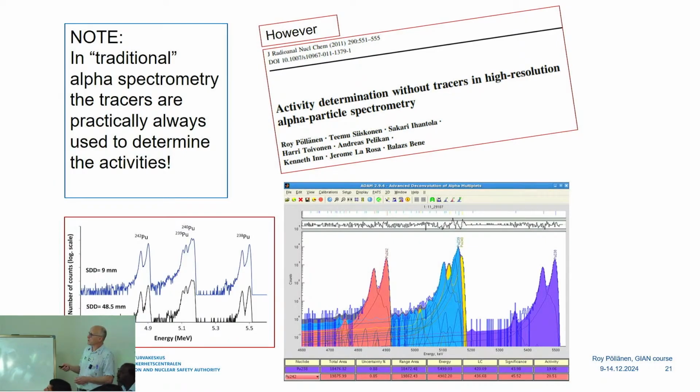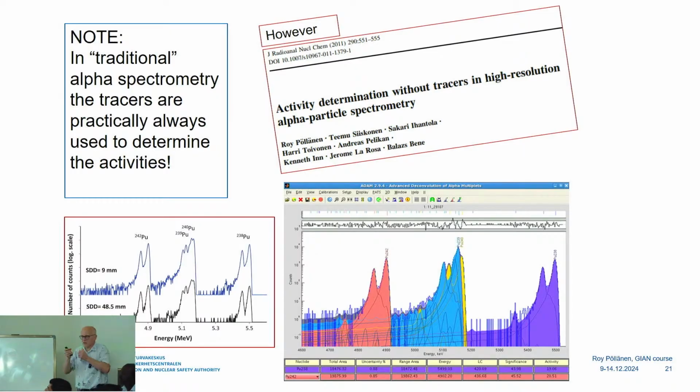In this case, I contacted to you. They gave me these plutonium isotopes. You perhaps know that plutonium-239, 240, they are strongly overlapping, very strongly overlapping.